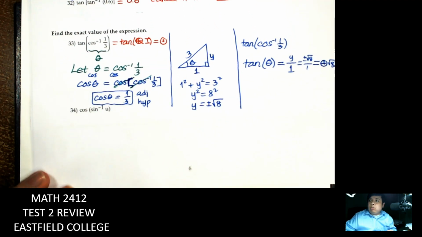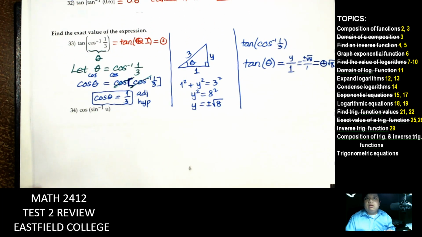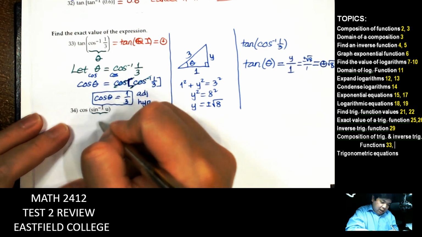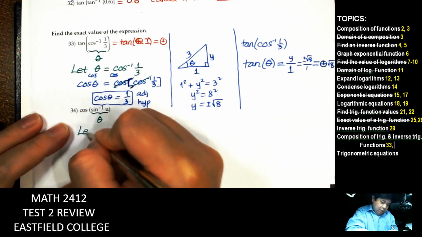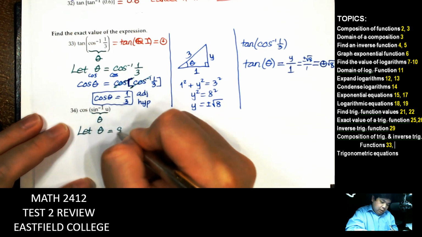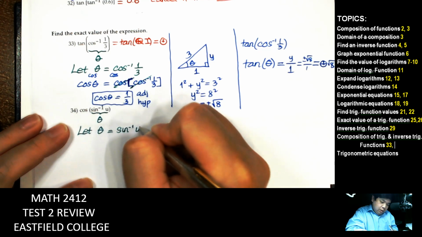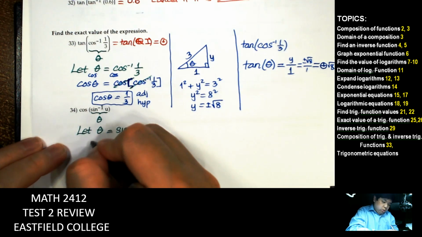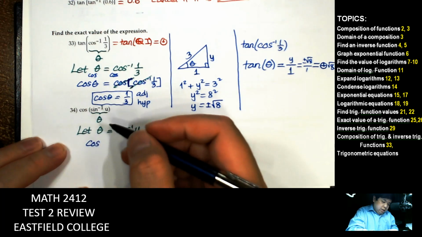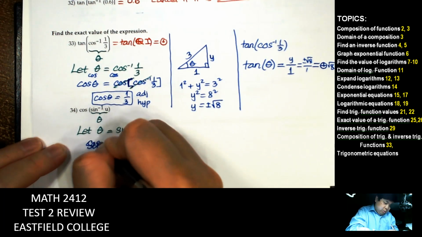This is important, so I do one more. Right, 34. Same thing here. Let inside be theta. We'll take cosine on both sides. That will not do. Have to take the sine on both sides. Sorry.